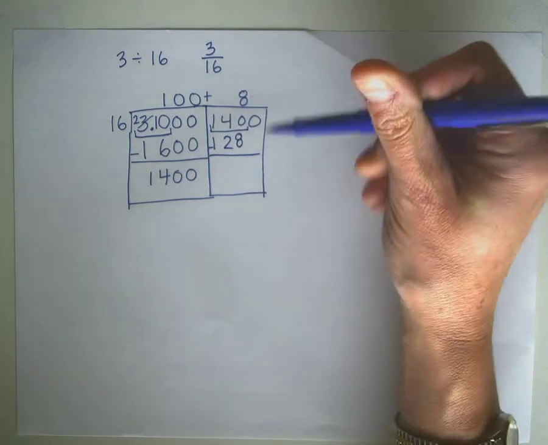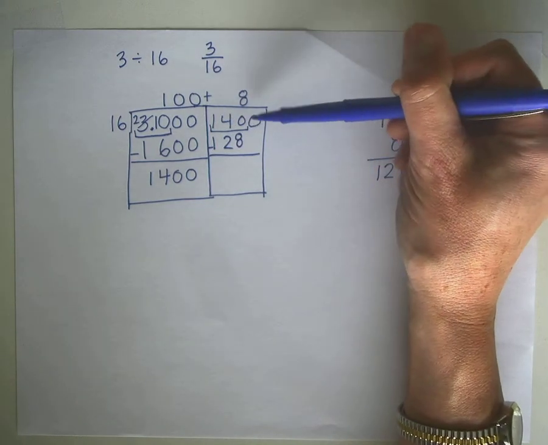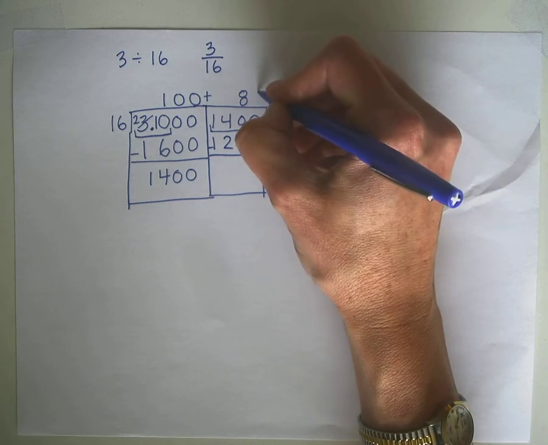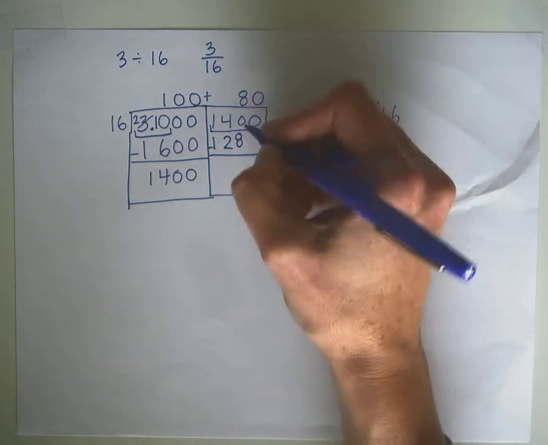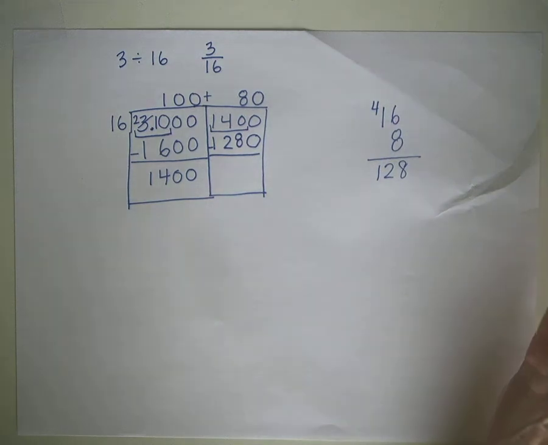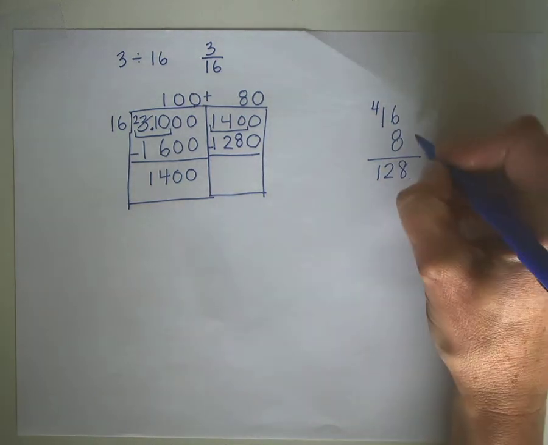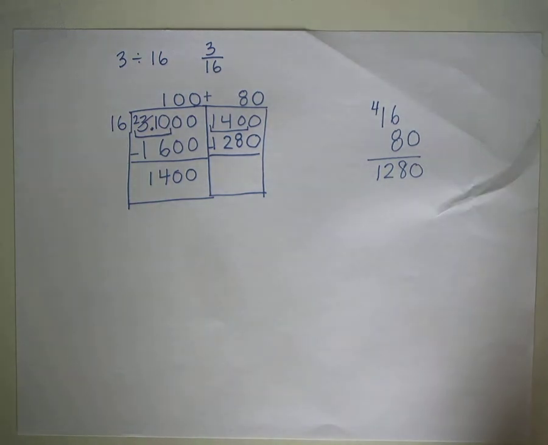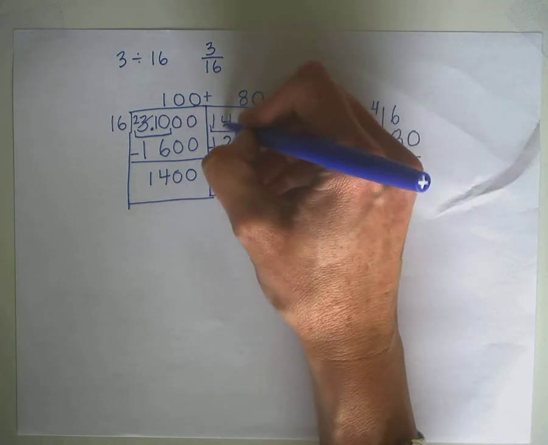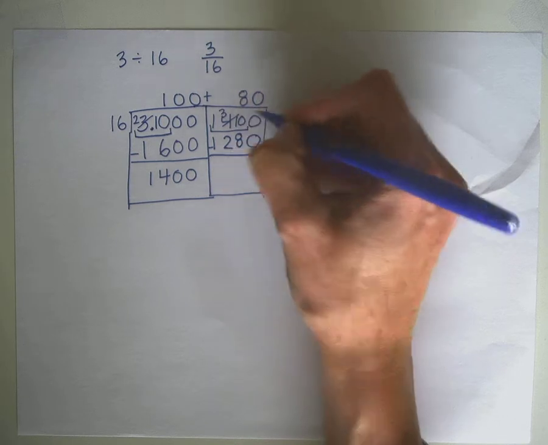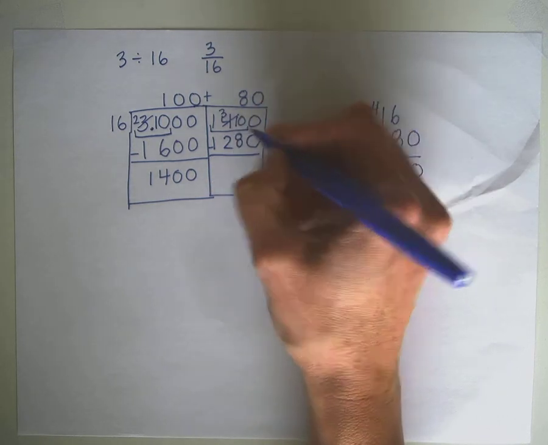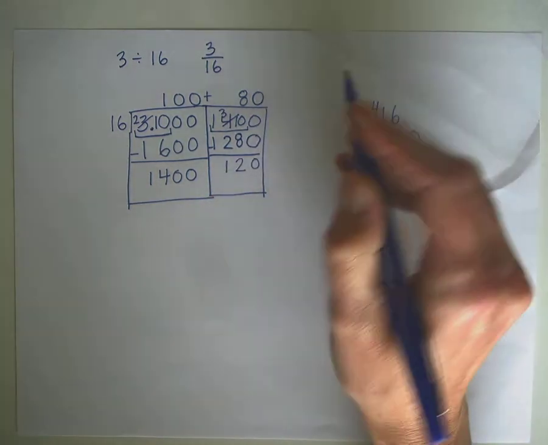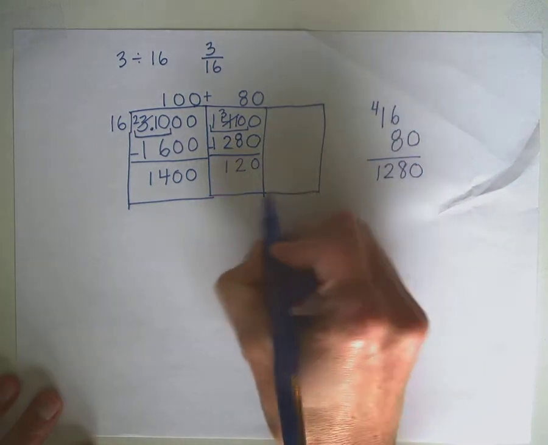But remember, since we're trying to figure out how many times it goes into this whole number, 1,400, we know that it can go in 80 times, and then you just add a 0 down there. So if you multiplied this by 80 instead, you would get 1,280. So we still subtract, and we get 120. So one more box.